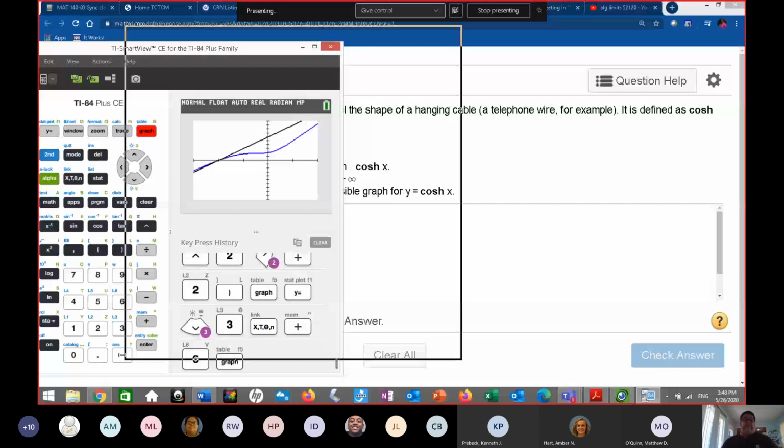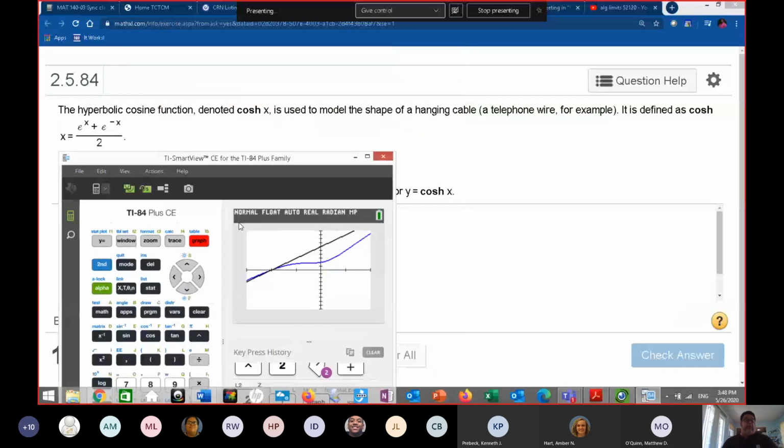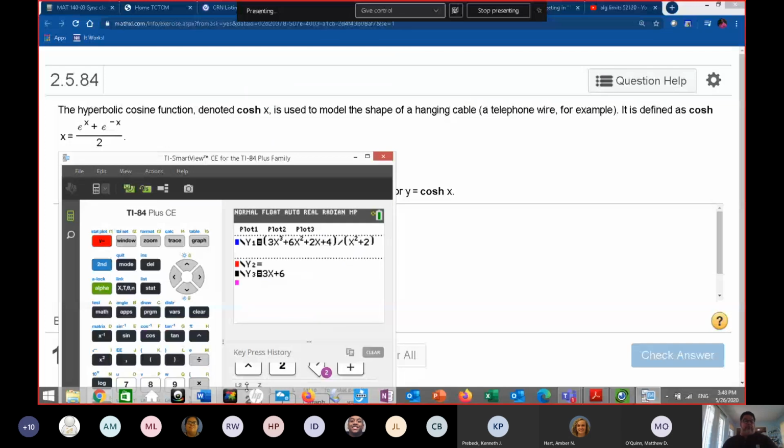So I'm gonna graph it, and I'm not even gonna look at the rest of the stuff because that don't matter. Y is equal to, and I'm gonna clear the first one, and I'm gonna clear that other one. So I want each of y'all to graph it on your graphing calculator.